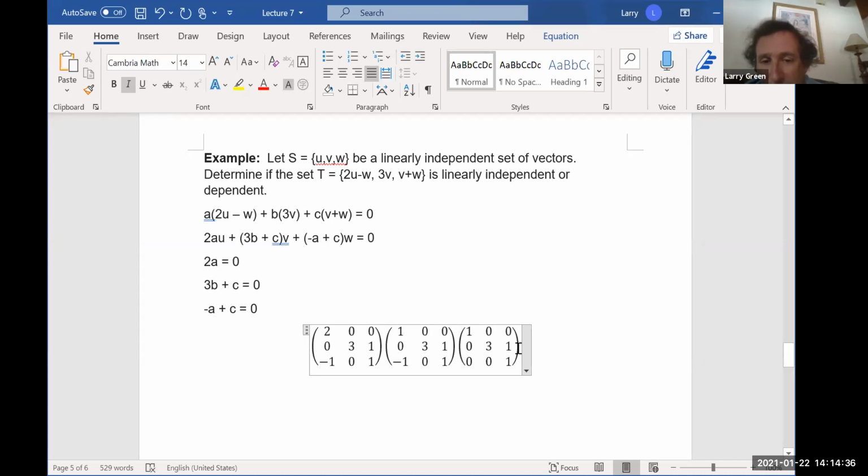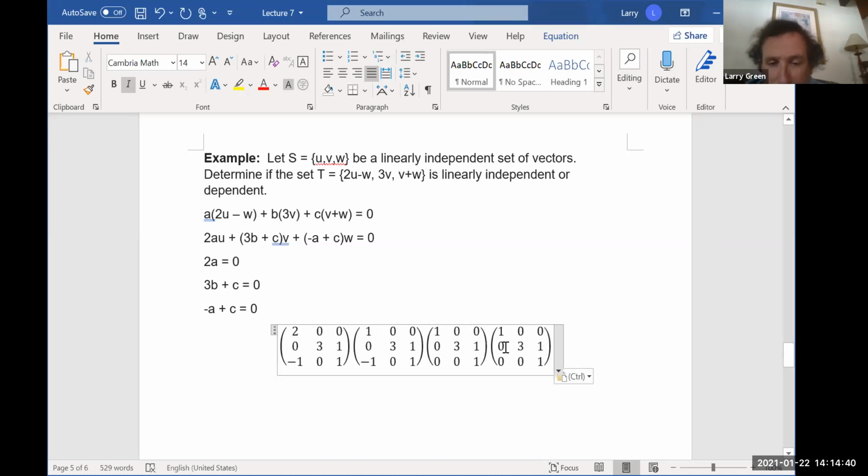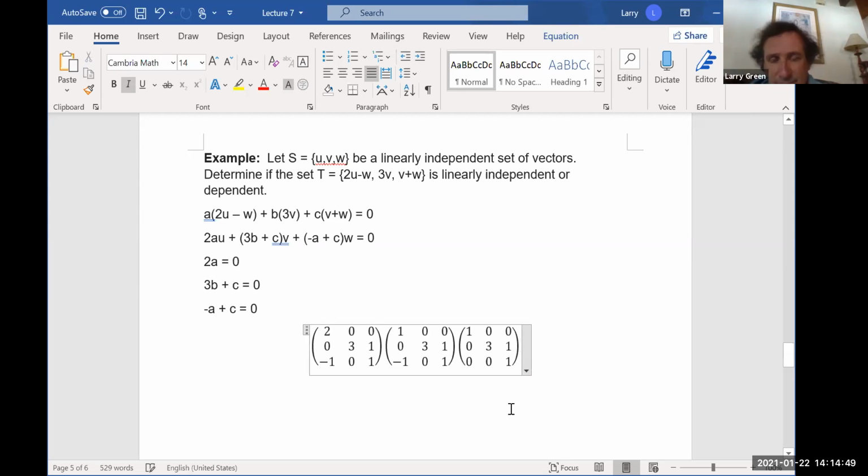Any questions on the steps of RREFing? Now I could switch. Oh, sorry, at this point I'm actually done. I don't even need to do any more. Why am I done? Each column has a pivot. Yep, each column has a pivot.